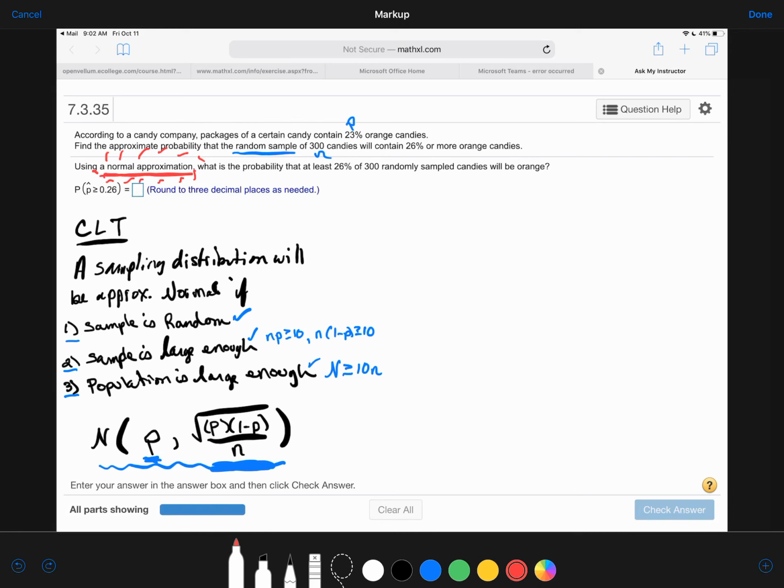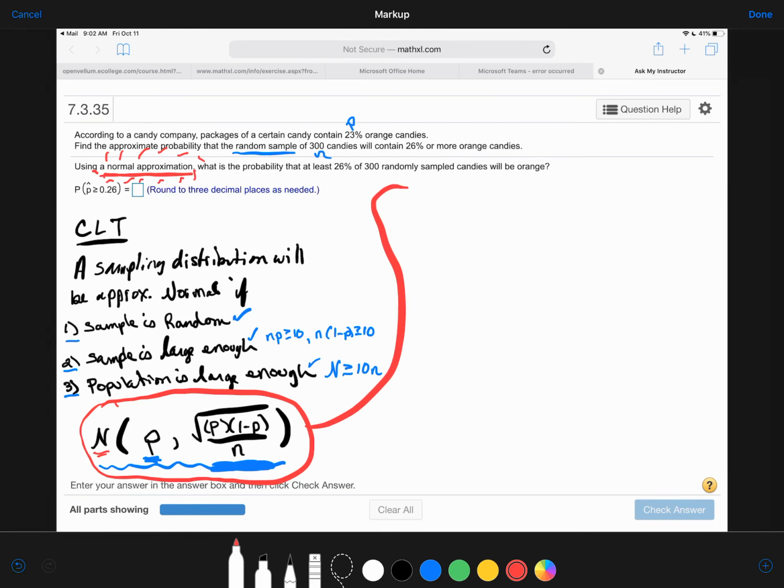That's what this final part of the central limit theorem tells us. It tells us you're allowed to use the normal distribution, and what you put in for your mean is p, and what you put in for your standard deviation is this standard error formula. So that's where our work comes in on this problem.